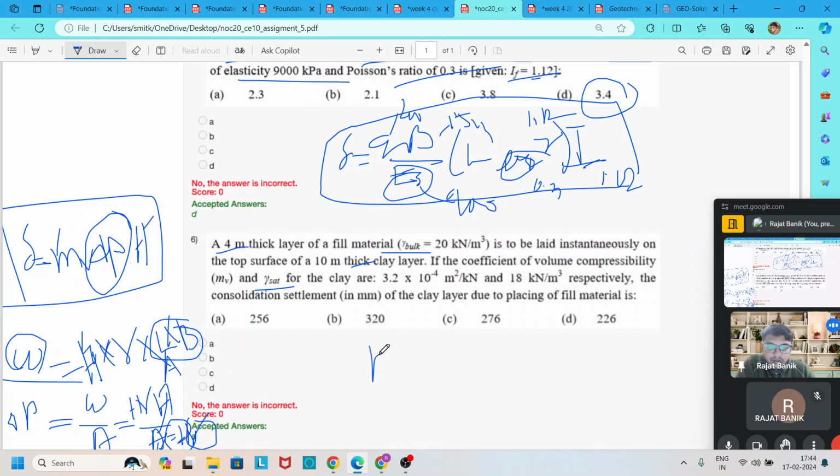So del P is equal to 4 into 20, which is equal to 80 kilonewton per meter square.